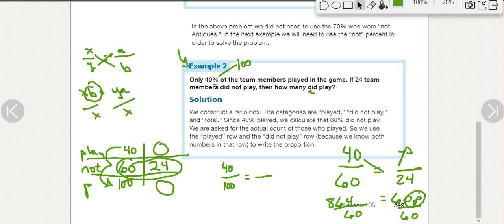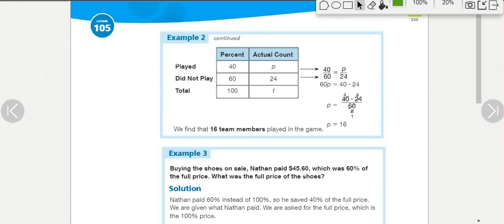See if I did mental math pretty close. They don't even show the 864. They just show 40 times 24 is going to get divided by 60. Let's divide everything by 4. Is that 8?